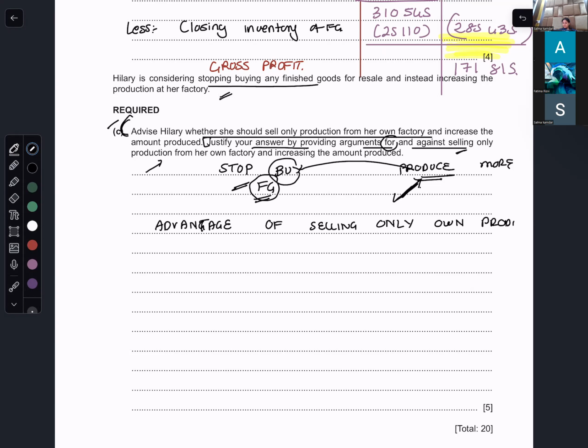And the disadvantages of selling only own production. Is this what they are asking for? Yeah. What will happen if they only sell own production?